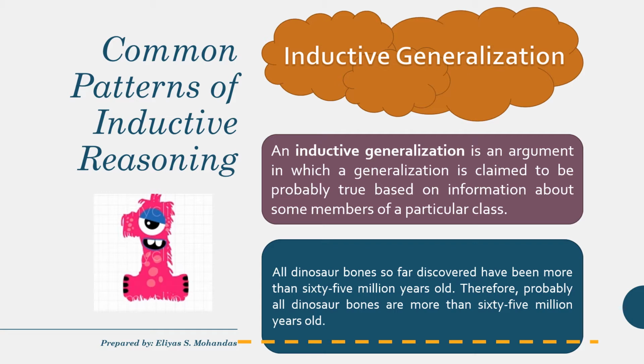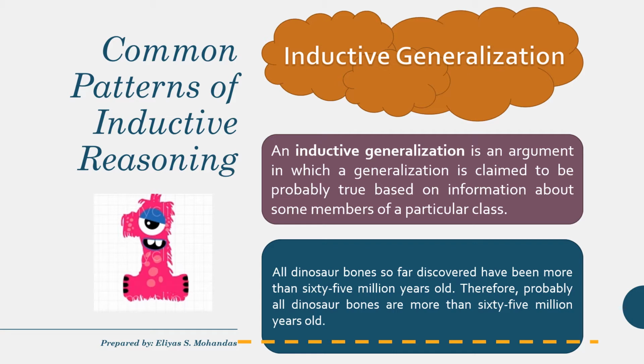When you look at an argument, we will be analyzing the premises as well as the conclusion. We will try to see the connection between the conclusion as well as the premises. And if they come from the same members of a particular class, therefore, this whole argument can be inductive generalization.